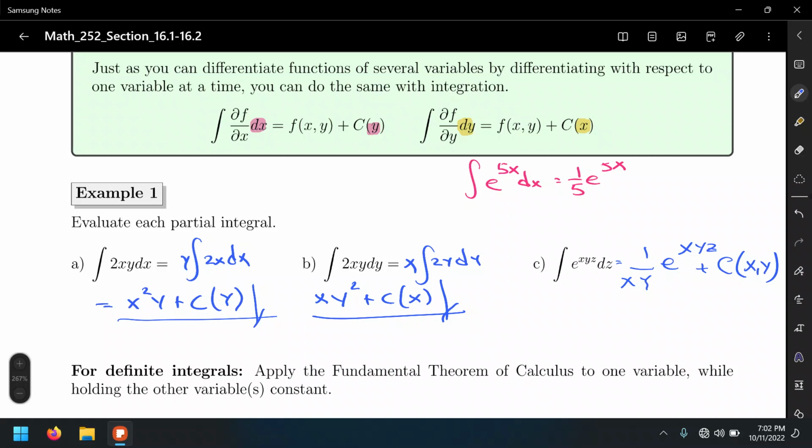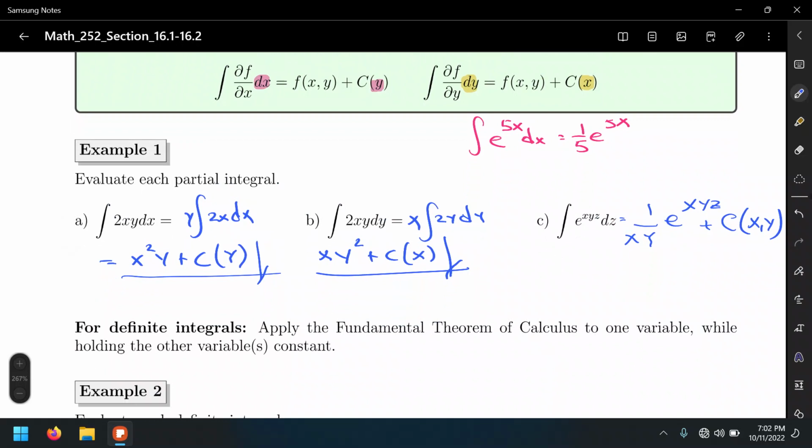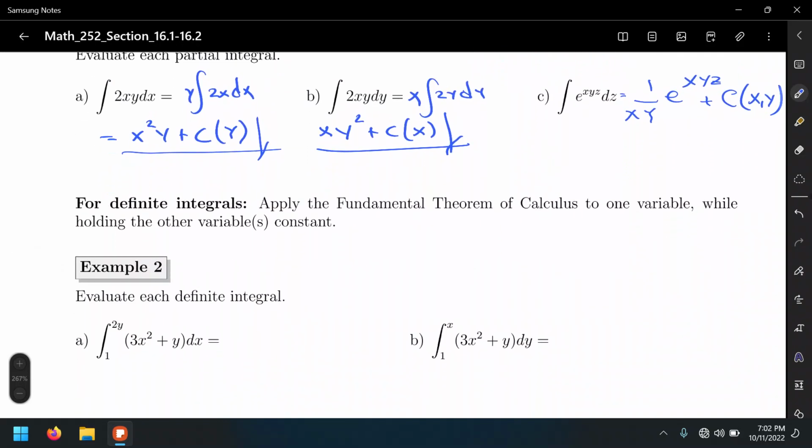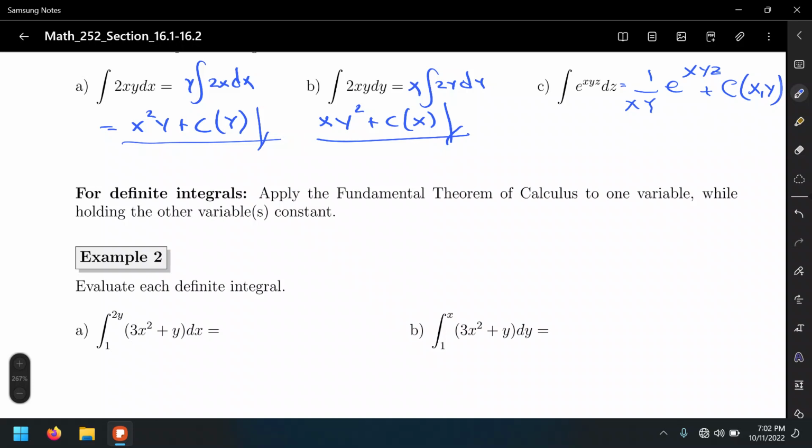All right. So when it comes to definite integrals, because these were indefinite integrals, how do we deal with definite integrals, which in this case means applying the fundamental theorem of calculus? For example, the integral from 0 to 1 of 2x dx is x squared evaluated from 0 to 1.